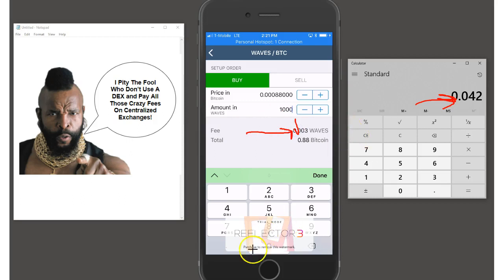Now let's compare this to what it would cost me. I believe Bittrex is 0.1%. So if I have my 1,000 Waves times $14, it's 14,000 times 0.001, I believe. That would be 0.1%.